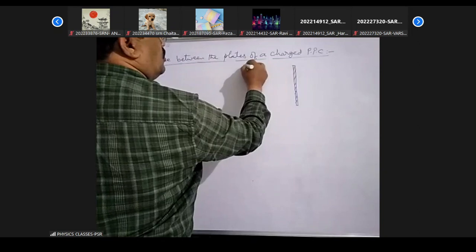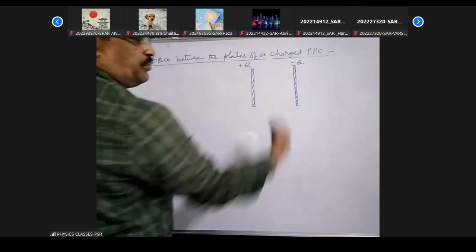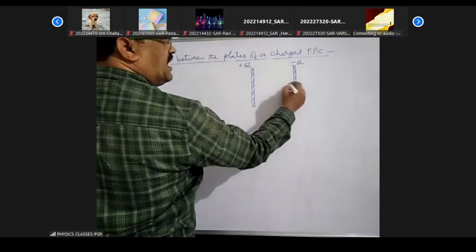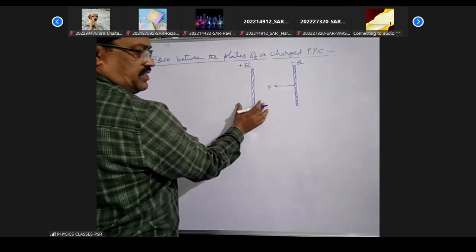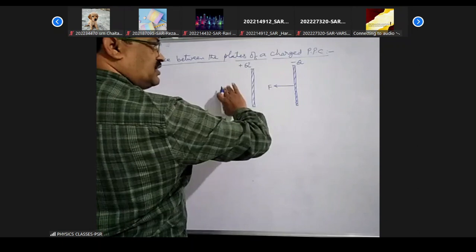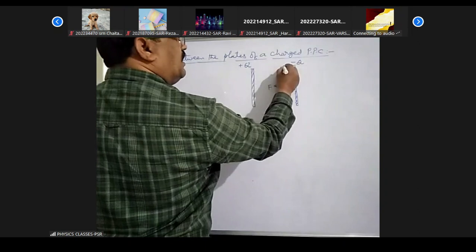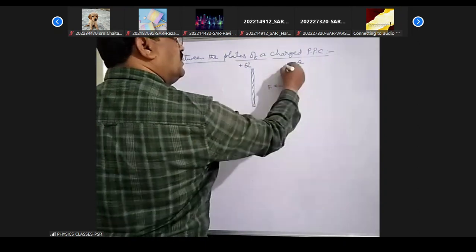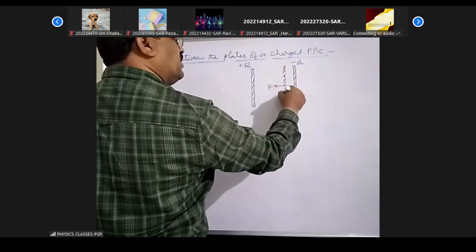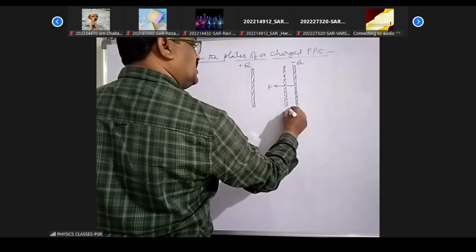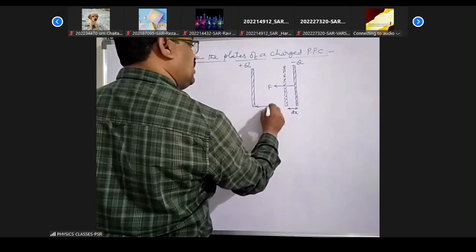This plate has charge plus Q, this one minus Q. Due to the unlike polarity of charge, an attractive force acts. Let us say F is the force on the second plate due to the first plate. Similarly, there exists a force on the first plate due to the second, known as mutual force of attraction. Due to this, let us say this plate moves to a new position. So this distance is a small dx, and the distance between the plates is now x.